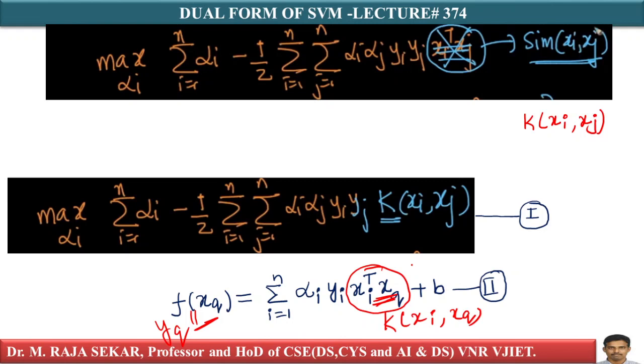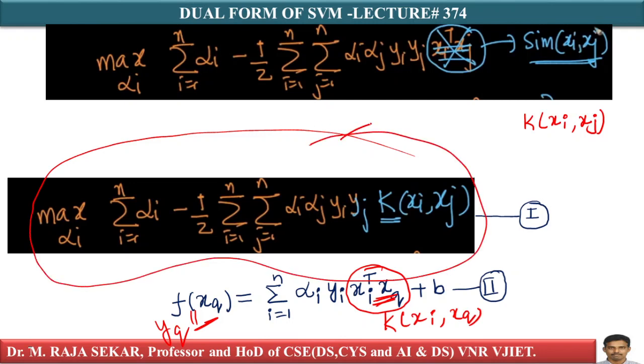What does it mean? For every pair of xi comma xj, if you give me the similarity value, I can find my alpha i's from equation 1, isn't it?